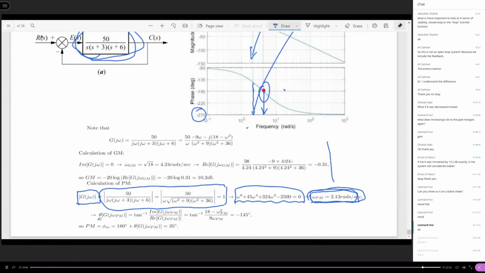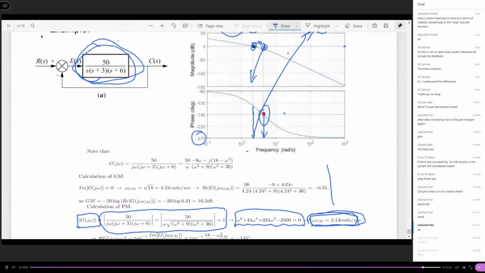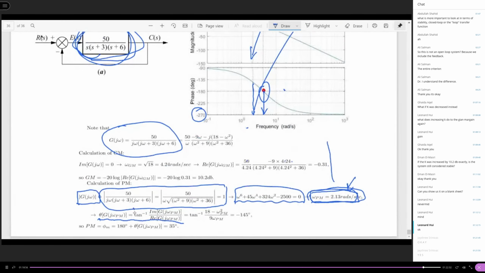Then you use this formula to calculate the phase of this guy at this frequency. According to this formula, because you have both the imaginary part and the real part negative, you can substitute the imaginary and the real part here.